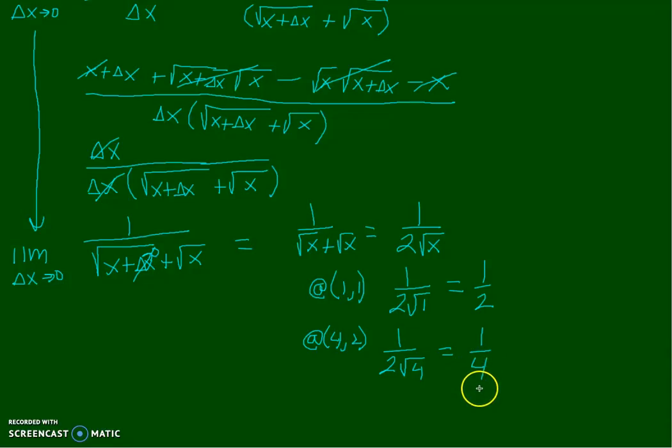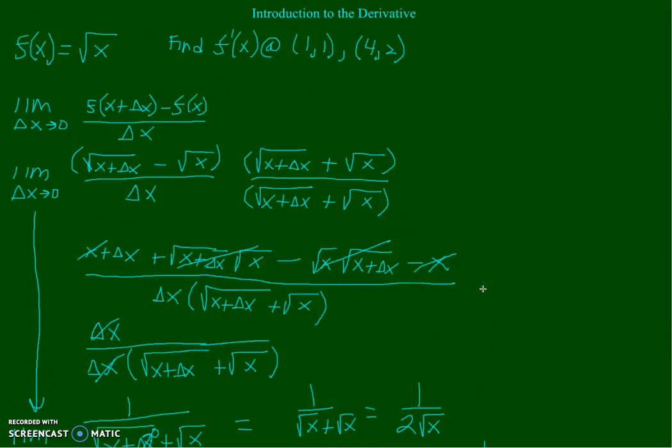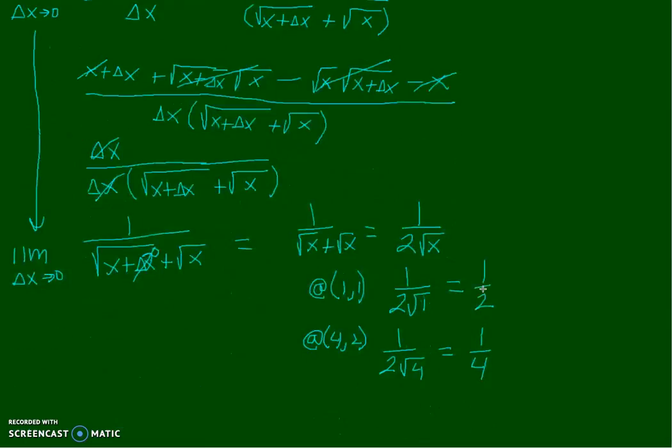And there is our slope of the tangent line of the function square root of x at 1, 1 and 4, 2. Before we leave this example, I want to investigate a little result of this that's very, very important.